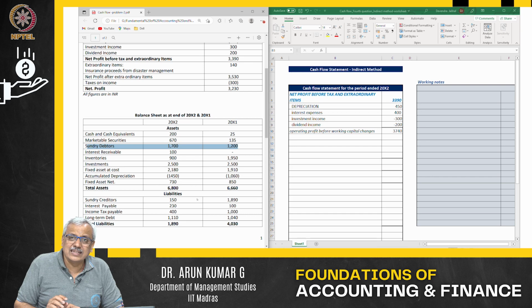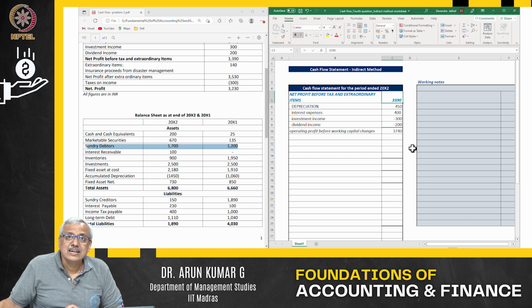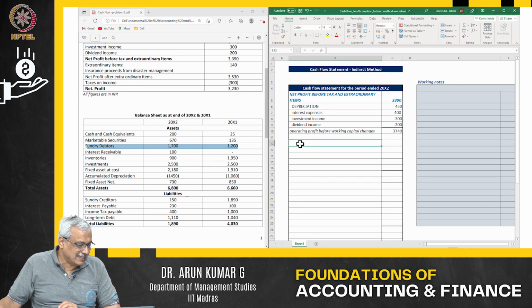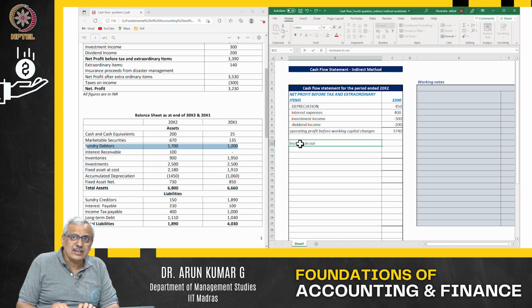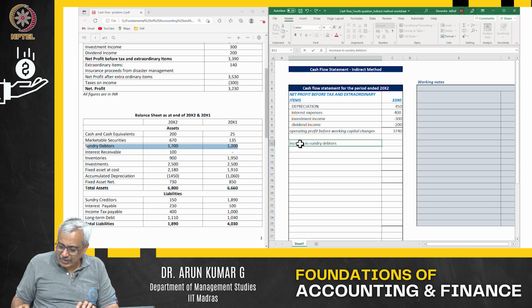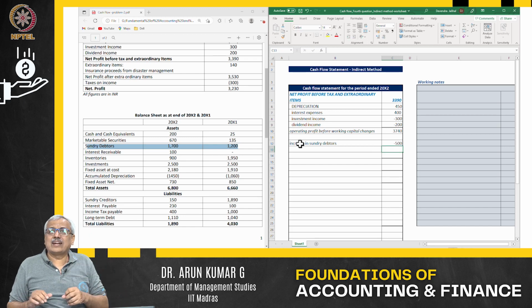The profit figure of 3390 will include the total amount of the sale, but out of it 500 you are yet to receive. So, I will reduce the increase in sundry debtors. Debtors has increased by 500.